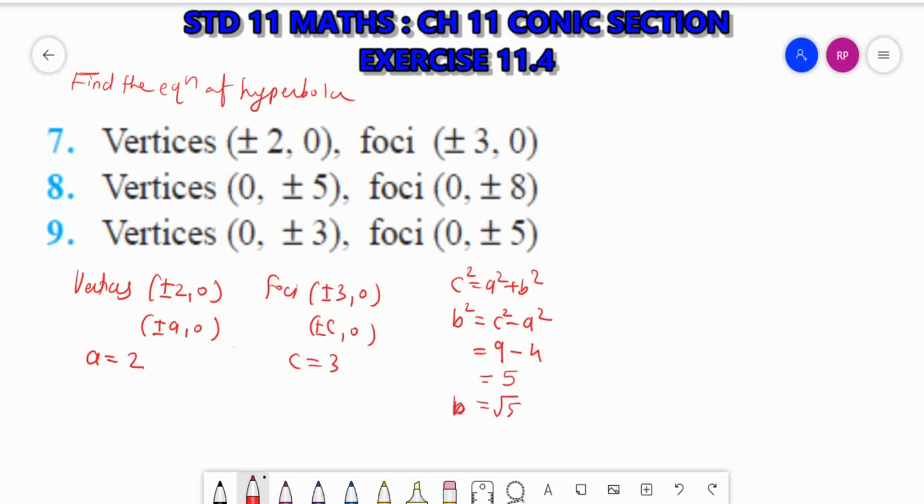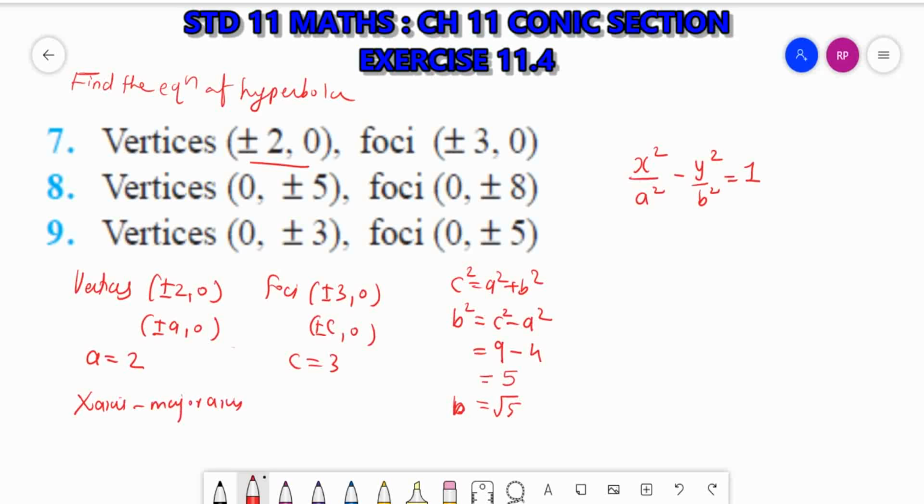So now we know that the standard equation of hyperbola is x square by a square minus y square by b square equal to 1. Now see, as the vertex is plus minus a, 0, I can say that x-axis is the major axis. And hence the equation is x square by a square minus y square by b square equal to 1.